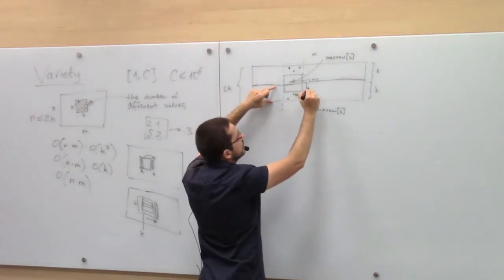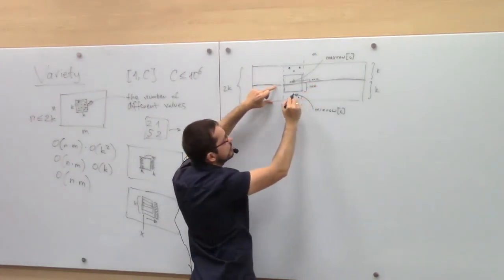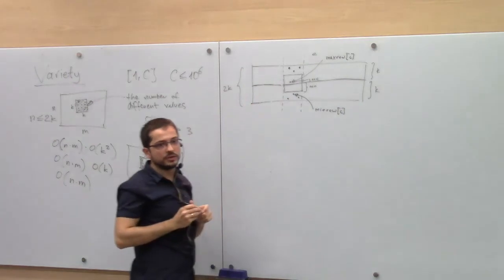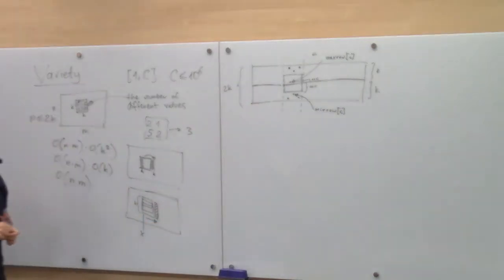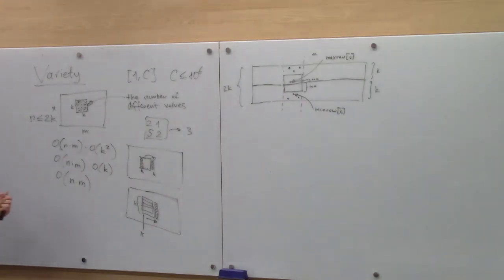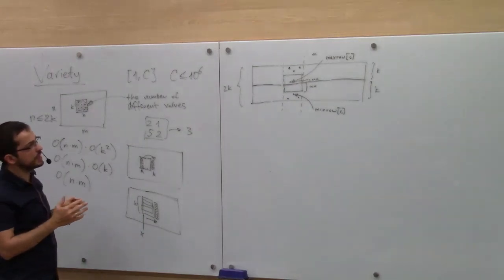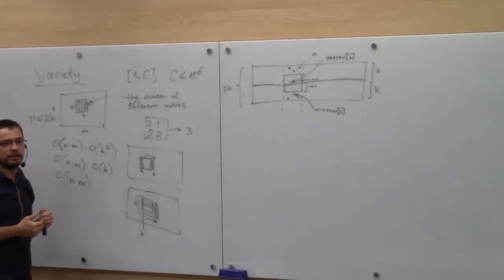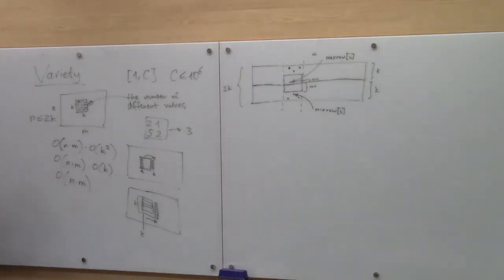So this is the place where we have no C. It turns out that from these values of max row and min row, we can calculate which squares are good and which squares are not good.